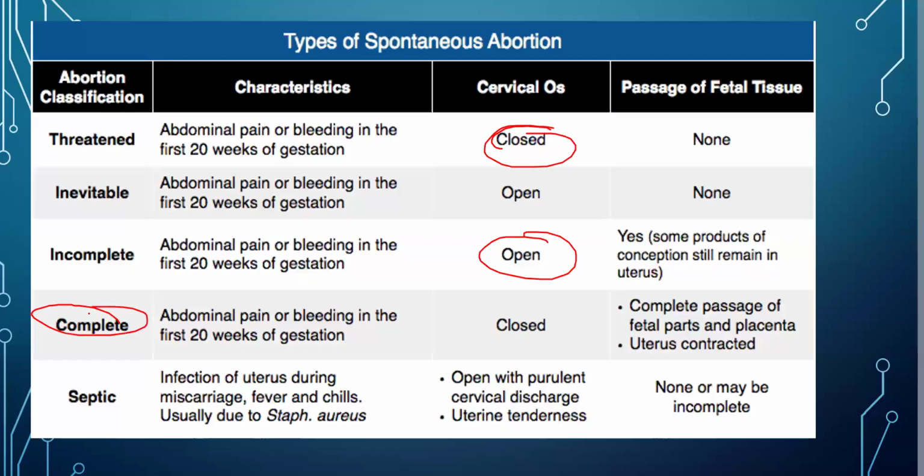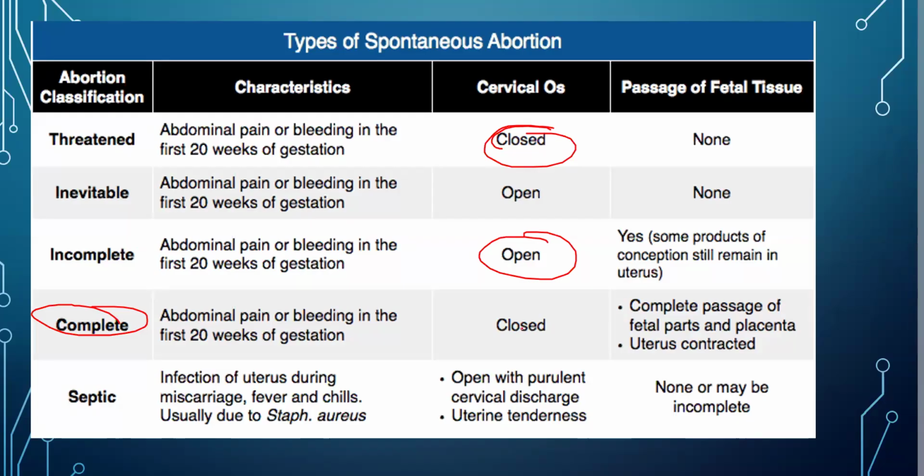Complete miscarriage means that the whole fetal tissue has already been removed, or the patient has found that there is complete passage of fetal parts. Initially the patient will have abdominal pain and bleeding, and after that there will be complete passage of the fetal tissue, and then the bleeding and abdominal pain will settle.